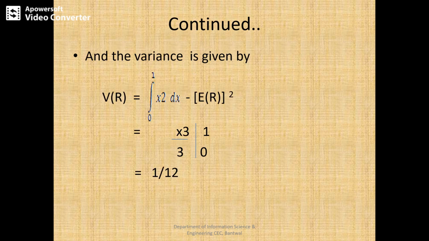Similarly, the variance V of R is the integral from 0 to 1 of x square dx minus E of R, that is half, whole square. After simplifying, x cube by 3 with upper limit 1 and lower limit 0, we finally get 1 by 12. So this is the mean and variance of any simple random number.